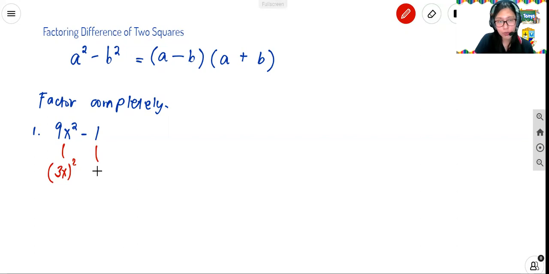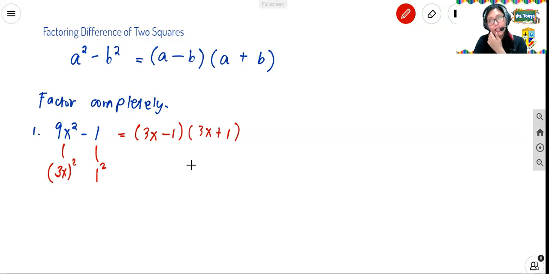And 1 is a perfect square because 1 squared is simply 1. So therefore, our factors would be 3x minus 1 and 3x plus 1. Again, if we apply the special products here, the answer will just be the product of the first and the product of the last, which will give us 9x squared minus 1.